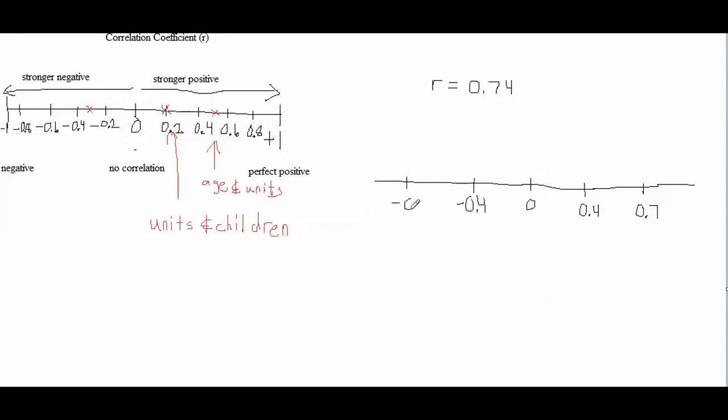These are just rough guidelines. Anything between 0 and 0.4 would be a weak positive. Anything between 0.4 and 0.7 would be a medium positive. And anything between 0.7 and 1 would be a strong positive.